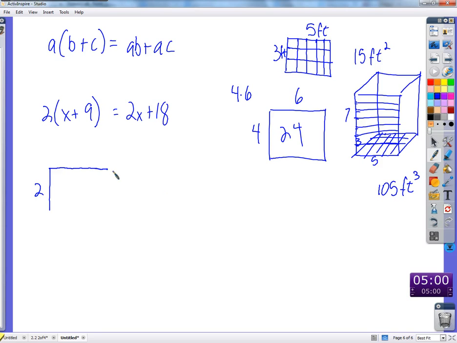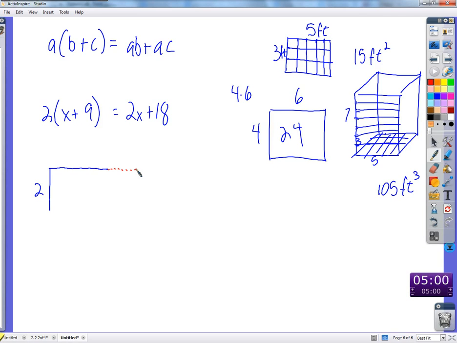So, well, let's just represent x with maybe a dotted line, because here's the problem with representing x as a line. That line is something. I can measure that line, right? You can't measure x. Who knows what it is? It is unknown at this point.